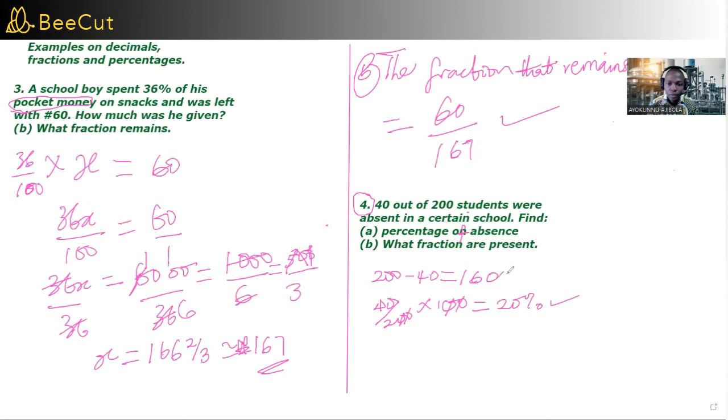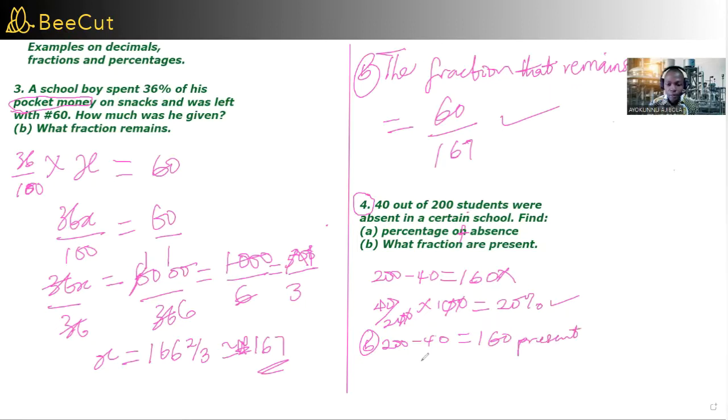So this is irrelevant for that first one. Now, the next, what fraction are present? That is when you need to find how many are present. How many are present? 160. So that is 200 minus 40 equals 160 that are present.